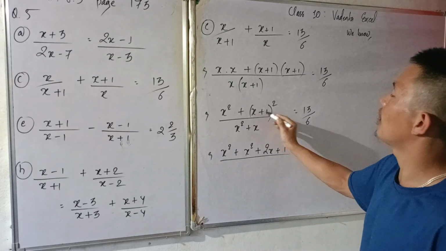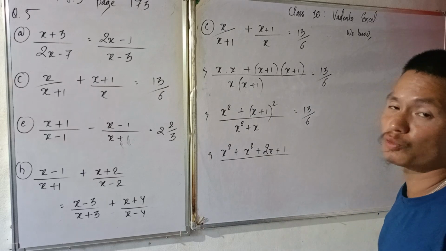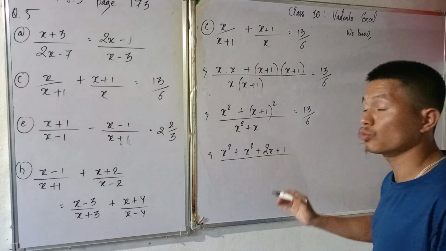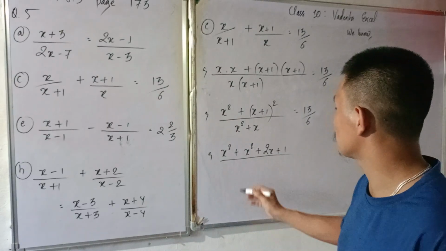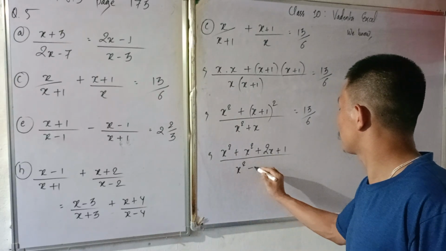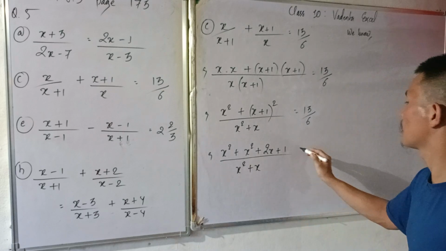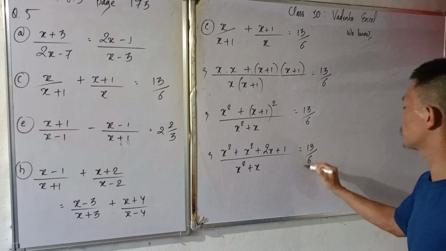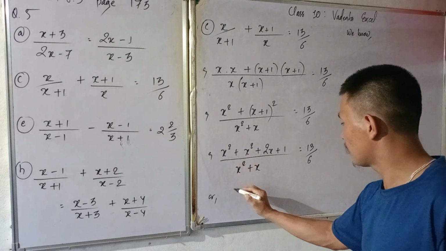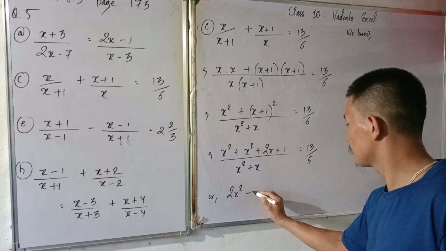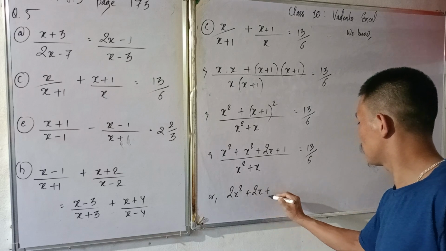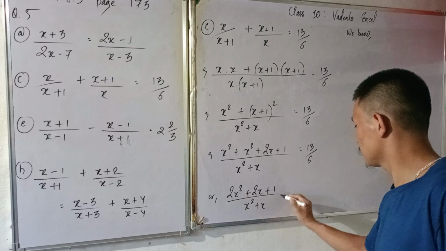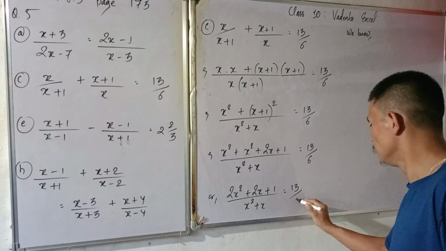I'm just using the a plus b whole square formula, a square plus 2ab plus b square. So I'm directly doing here x square plus 2x plus 1. That will be the end result. So x square plus x, 13 by 6, or now this becomes 2x square plus 2x plus 1 divided by x square plus x is equal to 13 by 6.